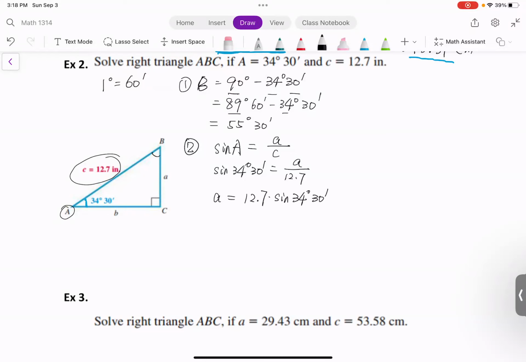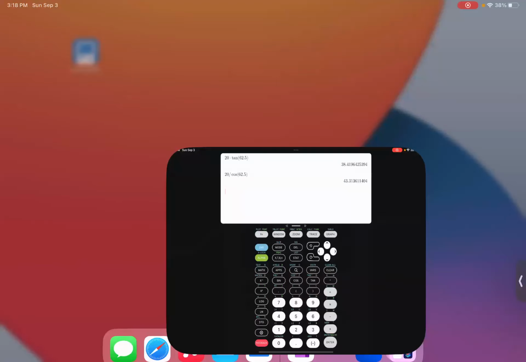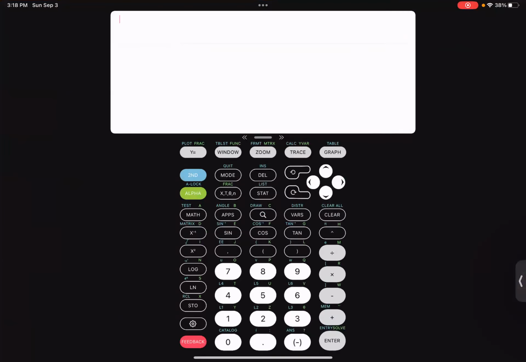And let's put all of these in the calculator. So let's clear this. We have 12.7 multiplied by sine 34. So we have the degrees and also we have the minutes. We can click second, APPS.